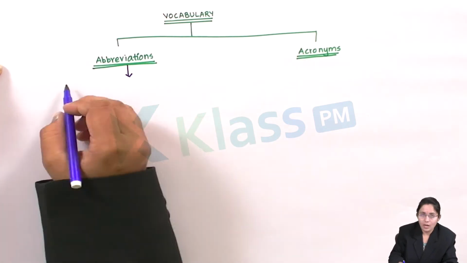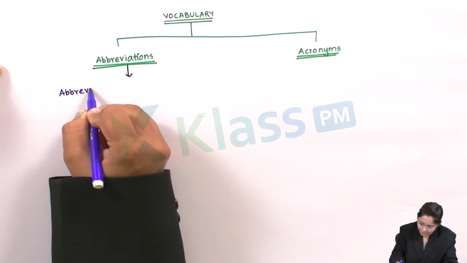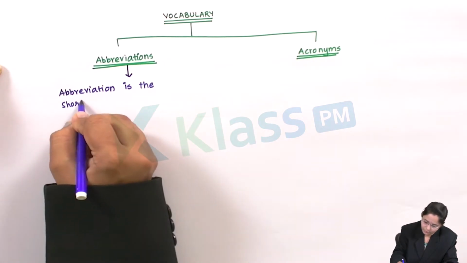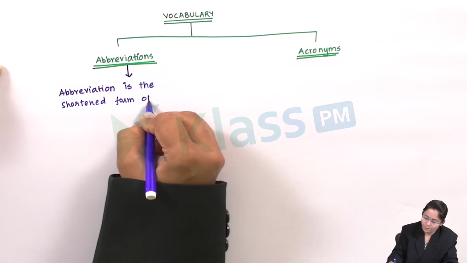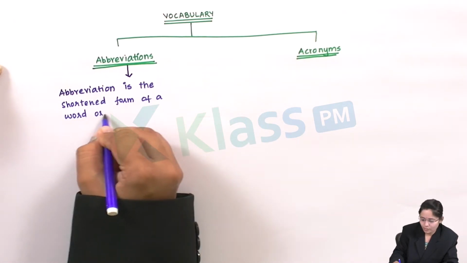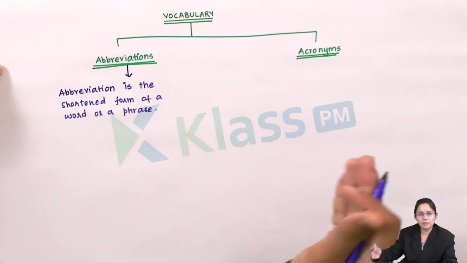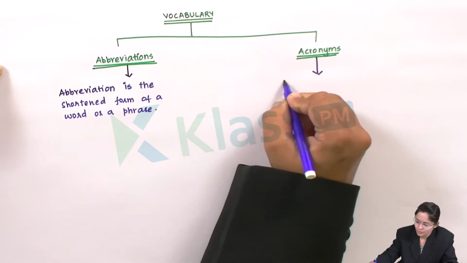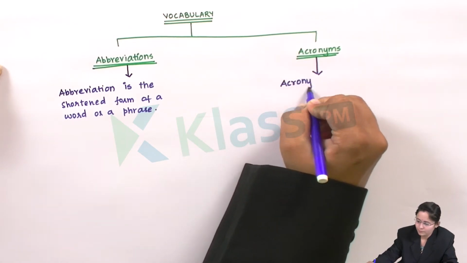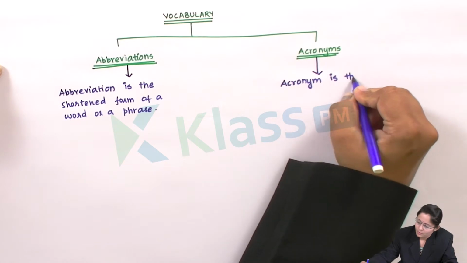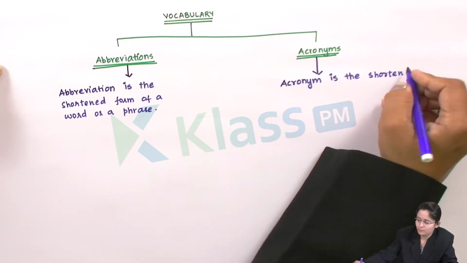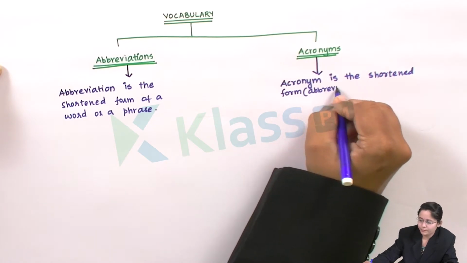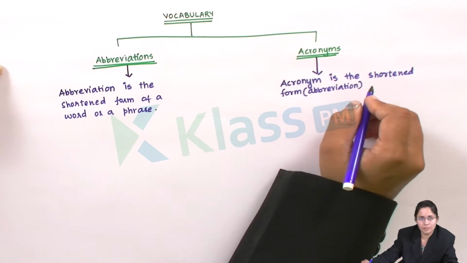Coming to abbreviations. Abbreviation is the shortened form of a word or a phrase. When it comes to acronyms, let us try to understand the definition. Acronym is the shortened form, or you can say abbreviation also, because abbreviation in itself means the short form.